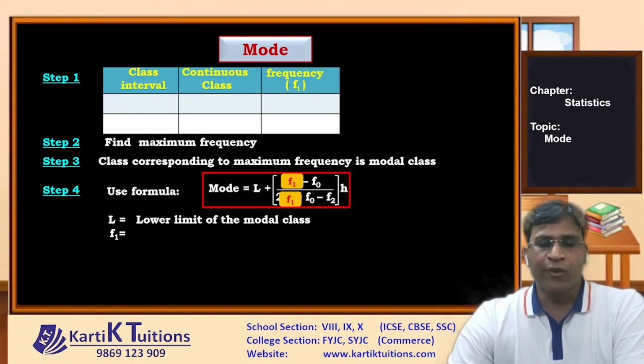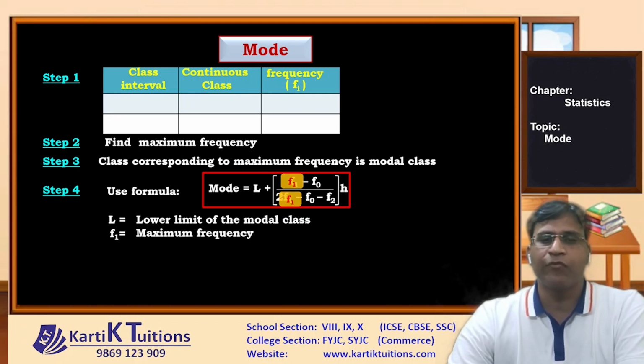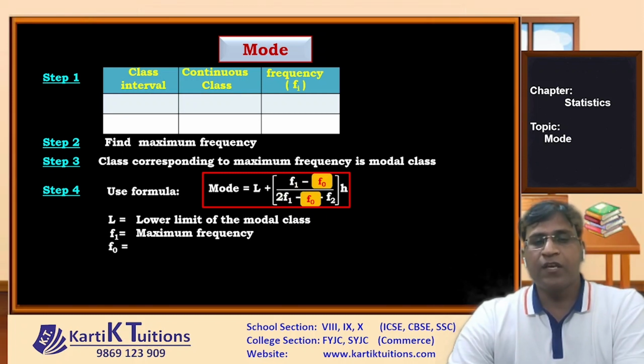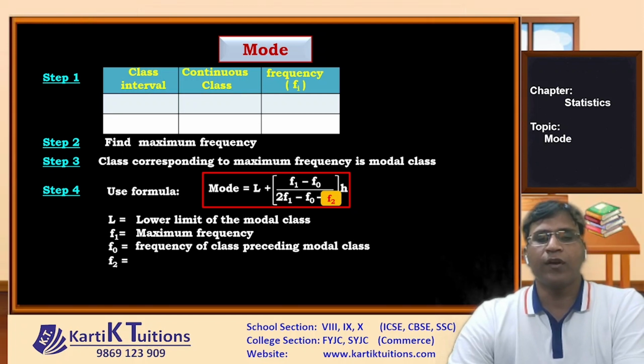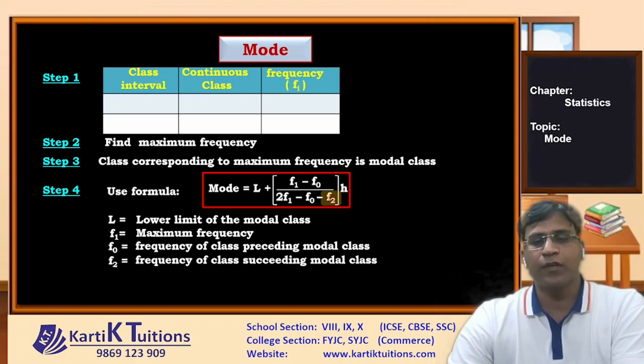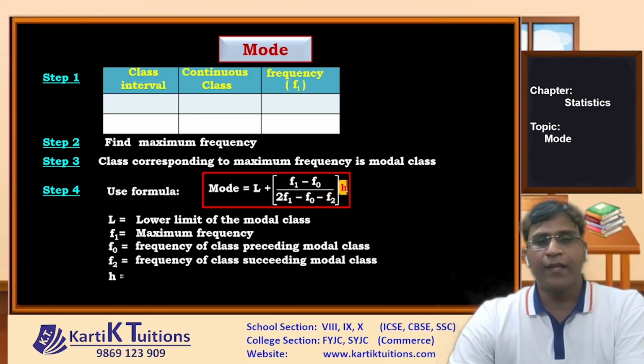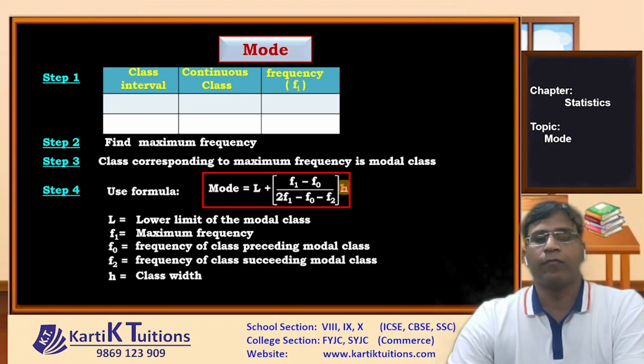F1 is the frequency of the modal class, or you can also call it the maximum frequency. F0 is the frequency of the class preceding the modal class, preceding meaning the one before it. F2 is the frequency of the class succeeding the modal class, succeeding meaning the class after it. And H is, as we all know, the width of the class.